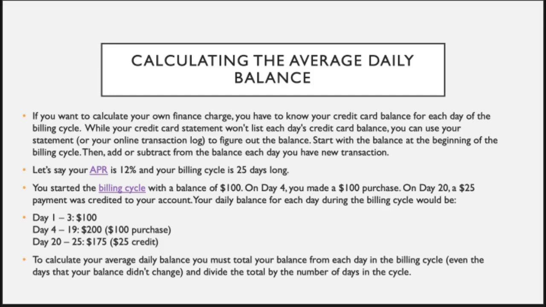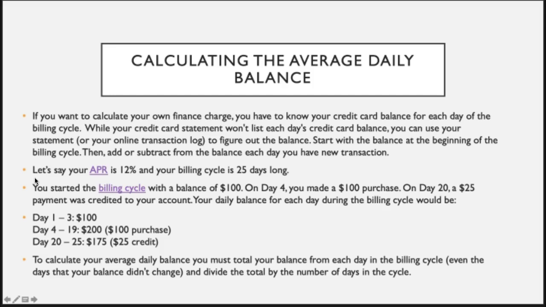Remember what I just stated, that the average daily balance is when you lay out day one of the cycle, here's the balance. Day two of the cycle, here's the balance. Day three of the cycle, here's the balance. And you lay that out for every day within the billing cycle. You add up all of those balances and divide by the number of days in the billing cycle.